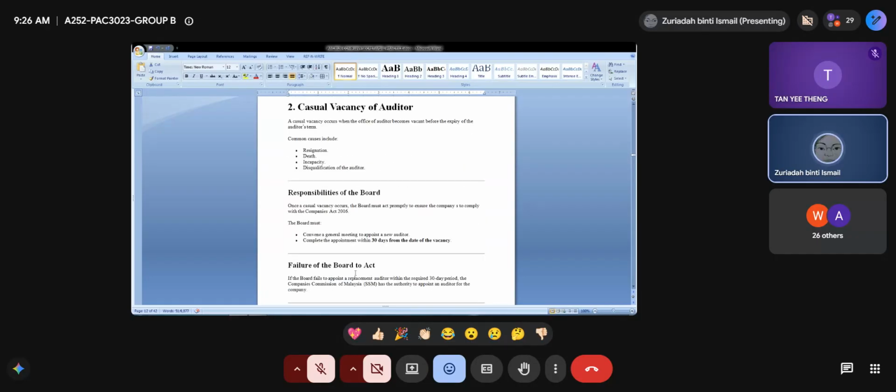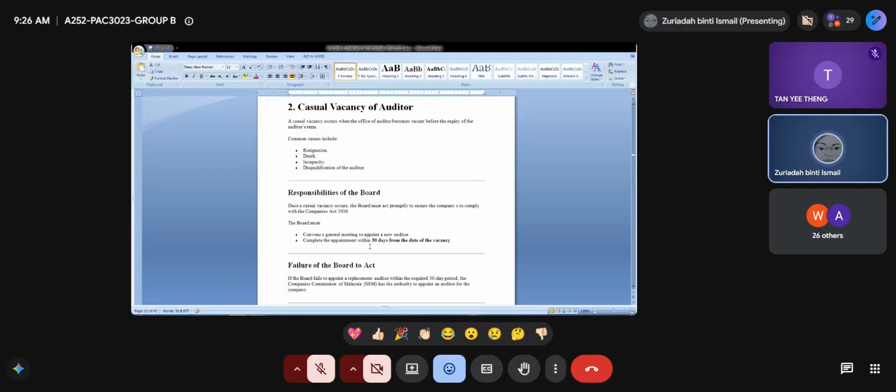Okay, right. So what is the role of the board? If the auditor, for example, resigns, the board must call for a meeting to appoint a new auditor, and the appointment must be completed within 30 days.